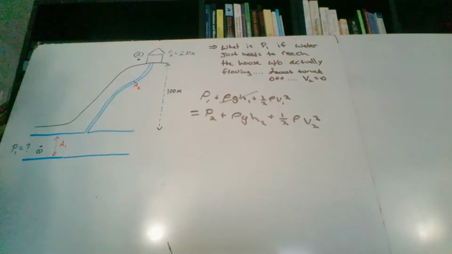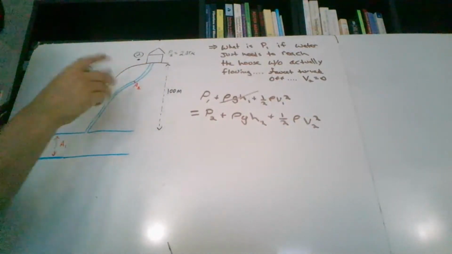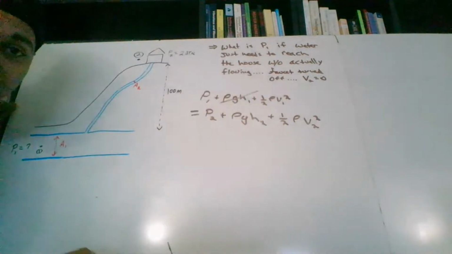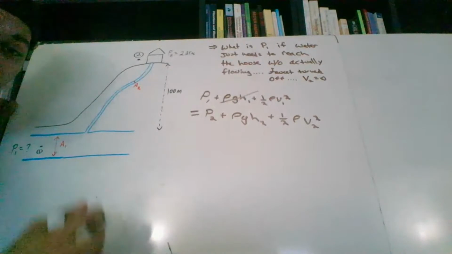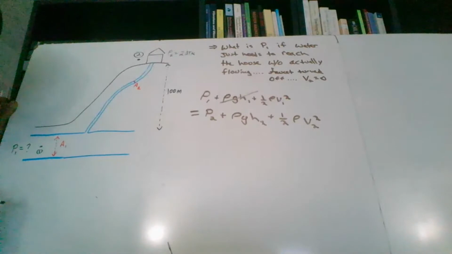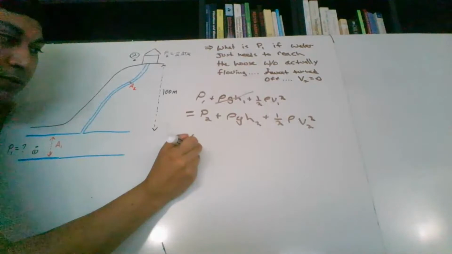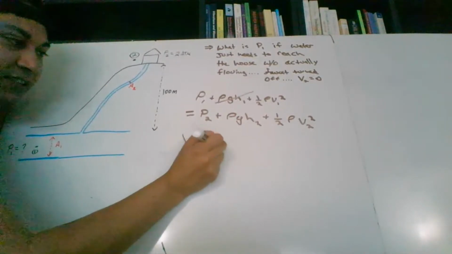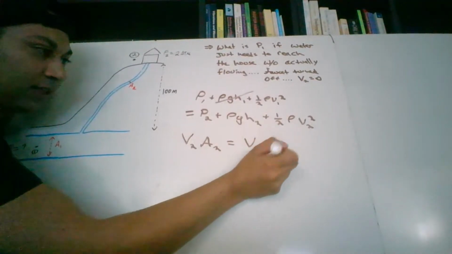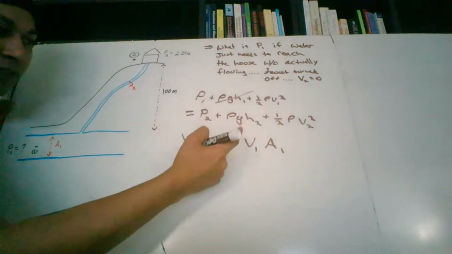What else can we do? We know that velocity 2, there's no velocity going through here, it's just stationary there. So that's going to equal 0. But something else that's interesting is that velocity 1 is actually going to be 0 as well. Why is that? I can look at the water running through here and compare it to here. We have an equation which states that the velocity at 2 times the area at 2 is equal to the velocity at 1 times the area at 1. So let's say we wanted to solve for the velocity at 1.